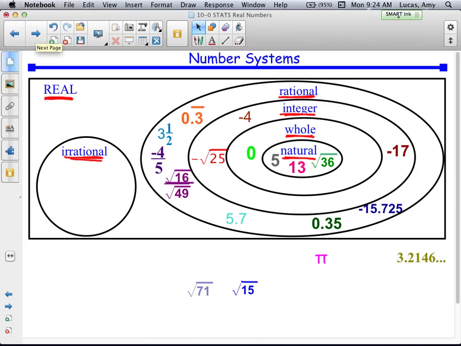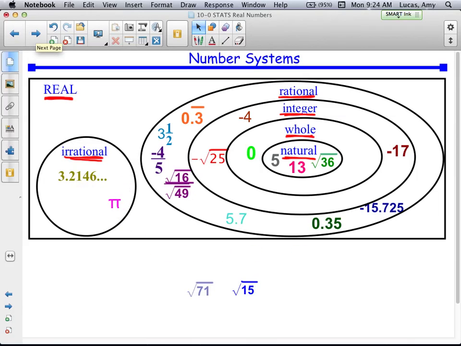And -15.725 is -15 725 thousandths. There, we're set. Now the rest of these things, if you have a decimal that does not repeat and does not end, that is irrational, just like pi.